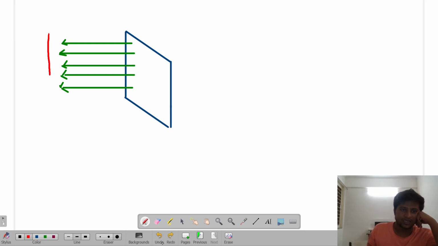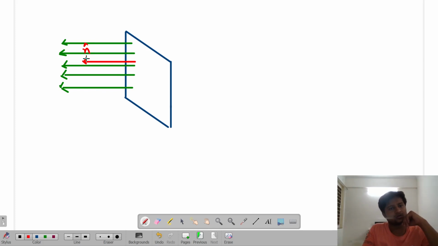Okay, then what will happen? See, the normal is along the same direction. So what do you need to do? You need to consider an element, for which you will find, let's suppose here I can say that this has some length dy.